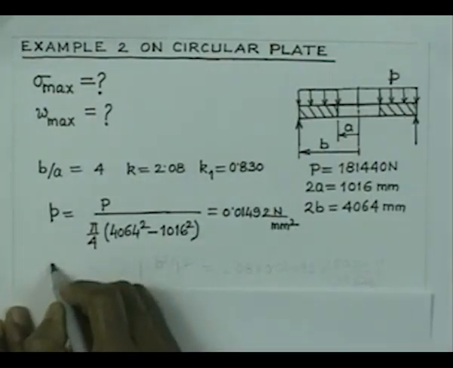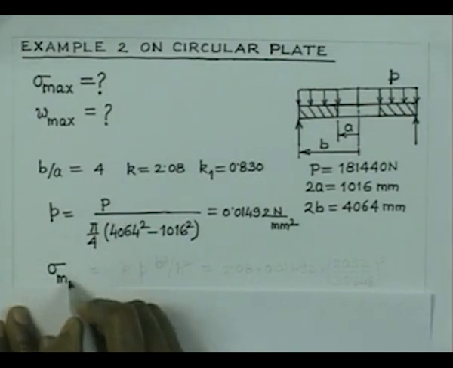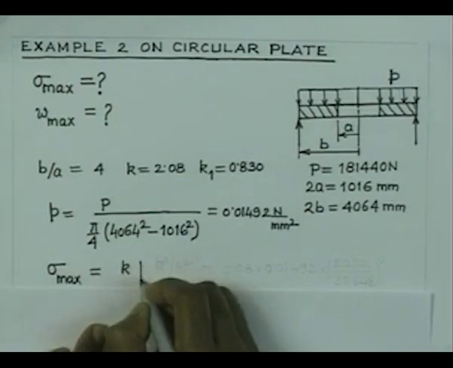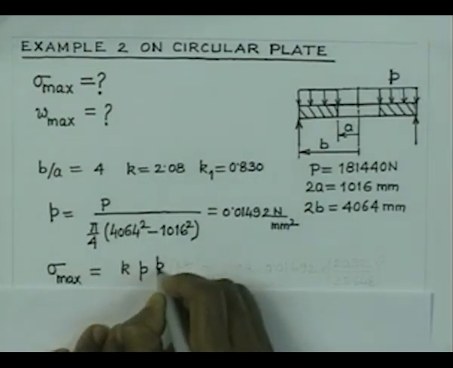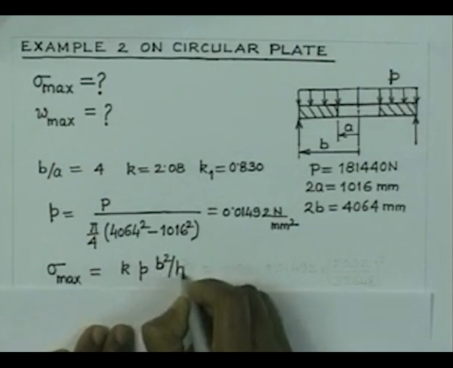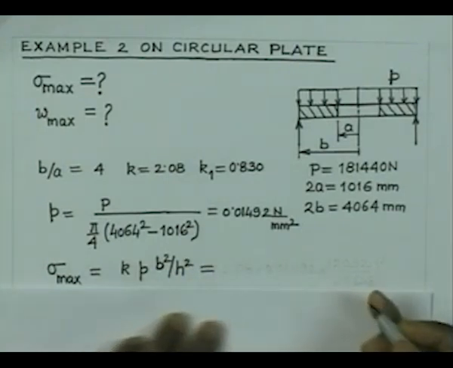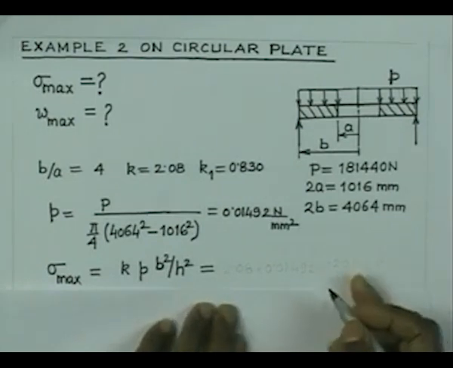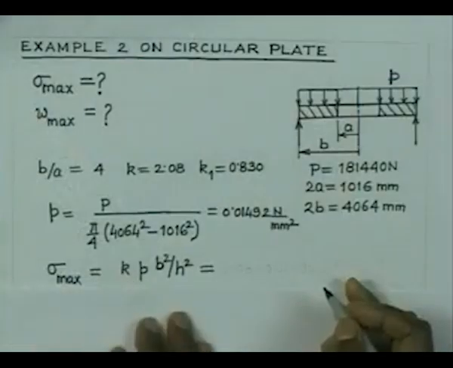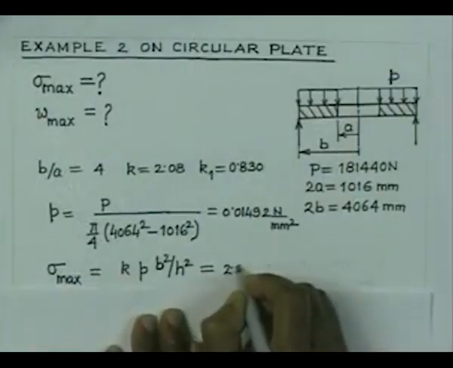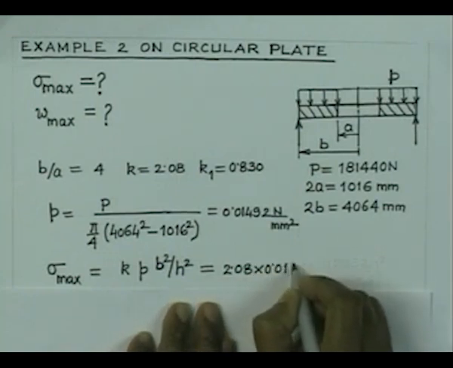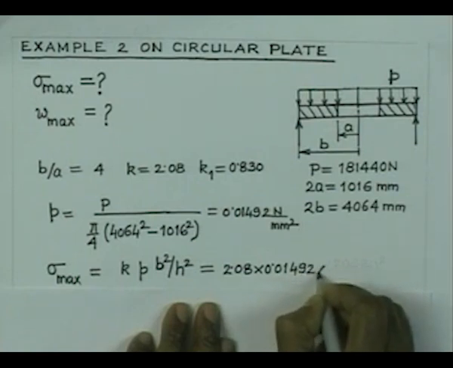The maximum stress is given by this formula, small k into P B square by h square. So, here h is nothing but 35.65 that we have got in the earlier case. So, that we have to make use of, and we have to calculate this maximum stress. So, therefore, this is equal to 2.08 into 0.01492.